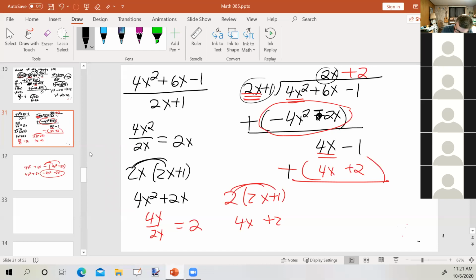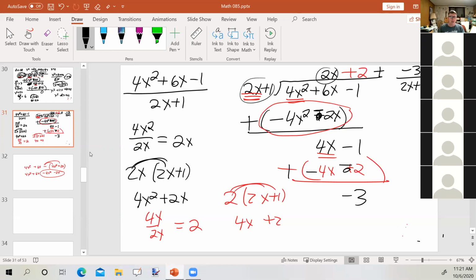Distributing the subtraction sign, plus, minus, minus. 4x plus negative 4x is 0. Negative 1 plus negative 2 is negative 3. So now I have a remainder. So I'm going to write the remainder. I'm going to go 2x plus 2 plus my remainder of negative 3 over 2x plus 1.